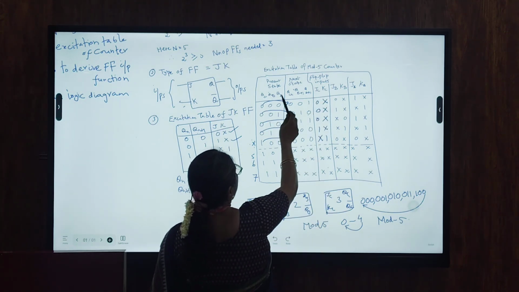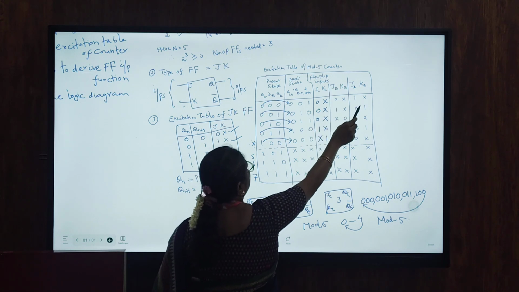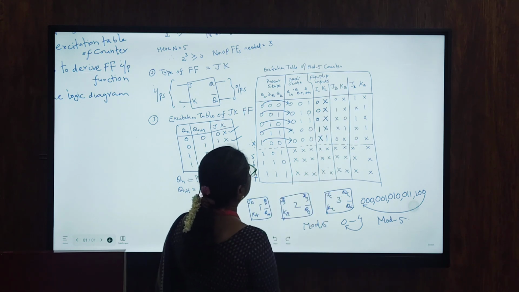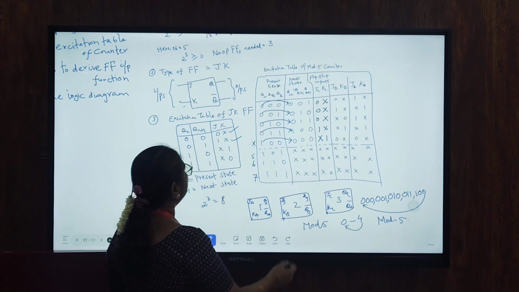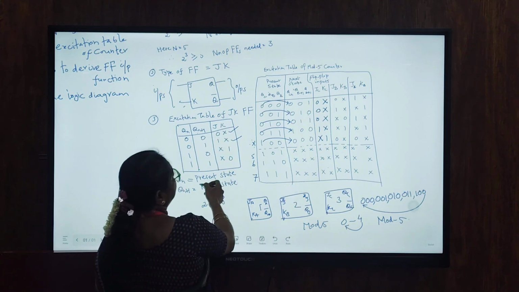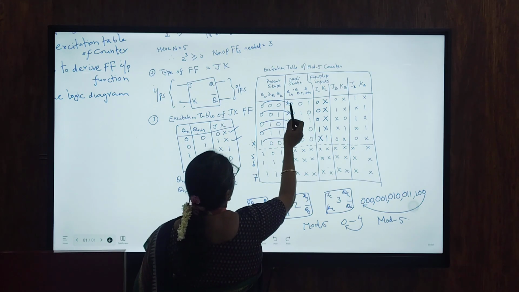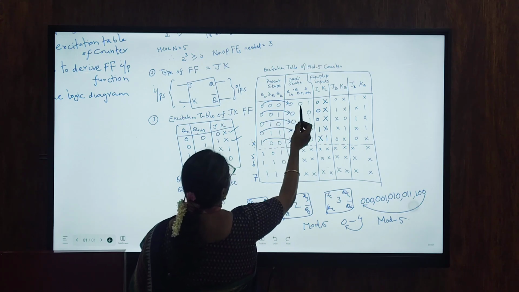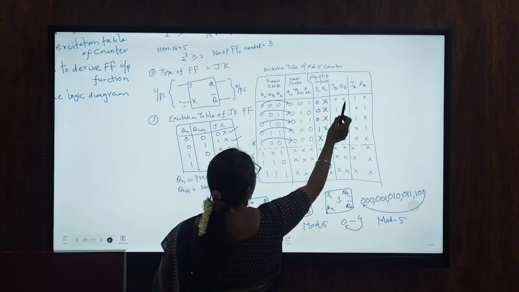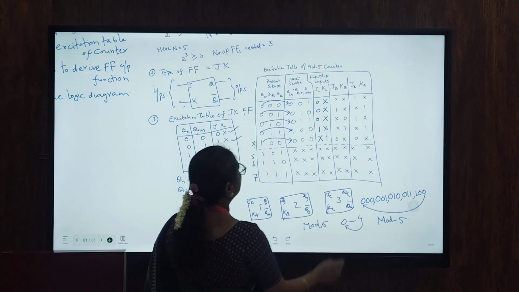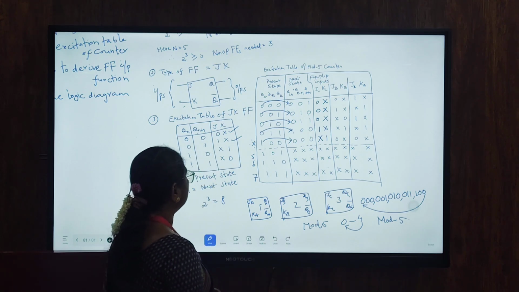Similarly, for the B flip-flop and the A flip-flop, you can write down the flip-flop inputs by looking at the excitation table. That is what I have written here. For example, here it is 0 to 0, QB plus 1, 0 to 0 is 0x. Similarly, you can fill the rest of the tabular column.